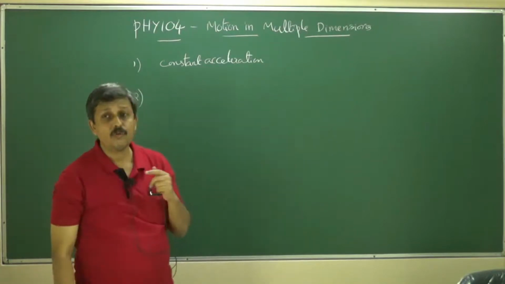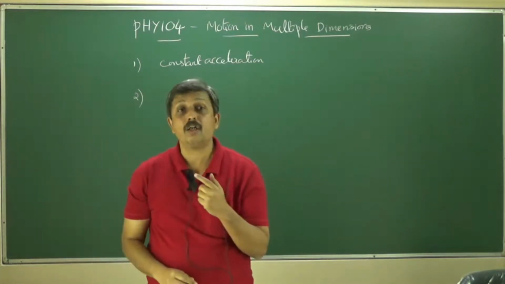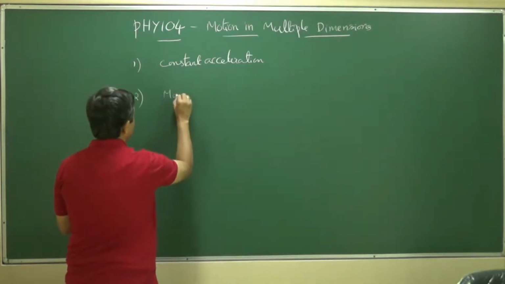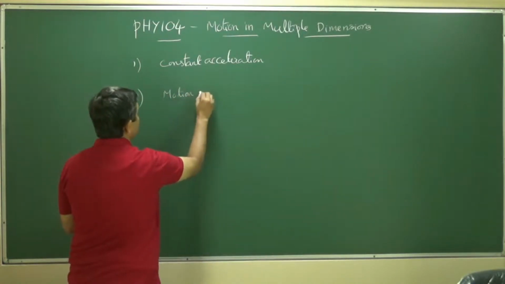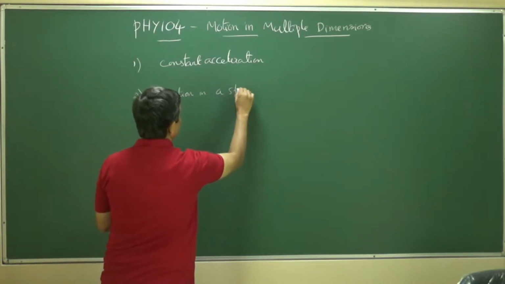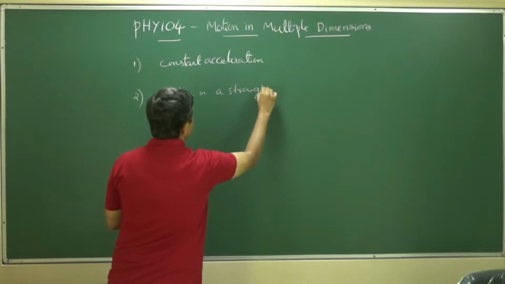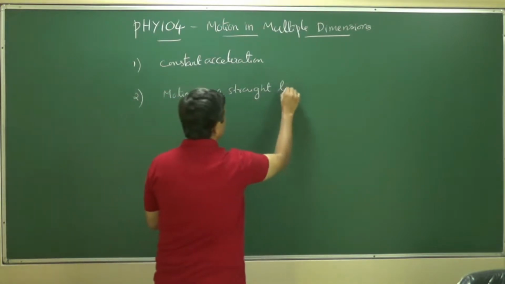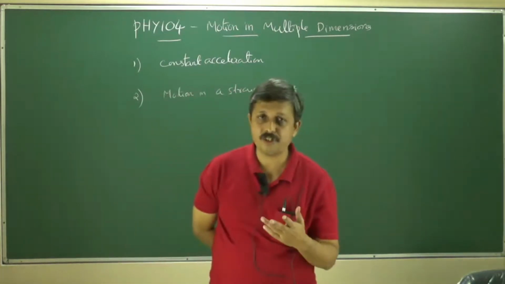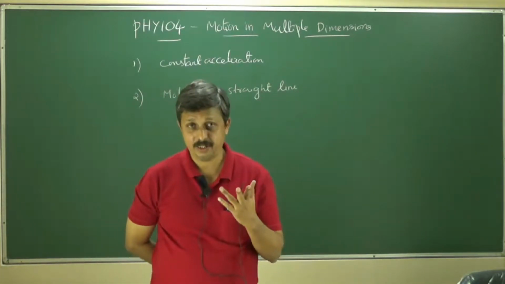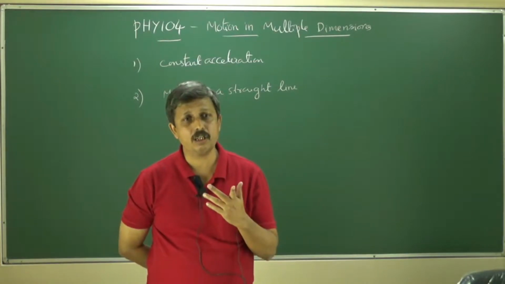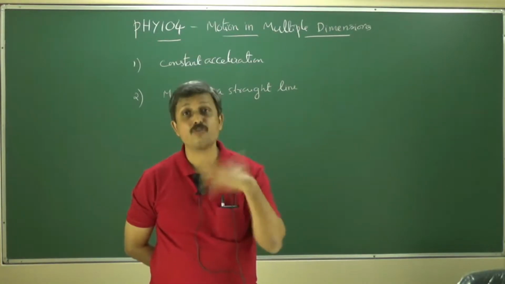And we were also working with one more restriction, which is basically motion in a straight line, in one dimension. Though we touched a little bit here and there on circular motion, we never really studied motion in multiple dimensions in a more rigorous way. Now we are going to remove these restrictions one by one.